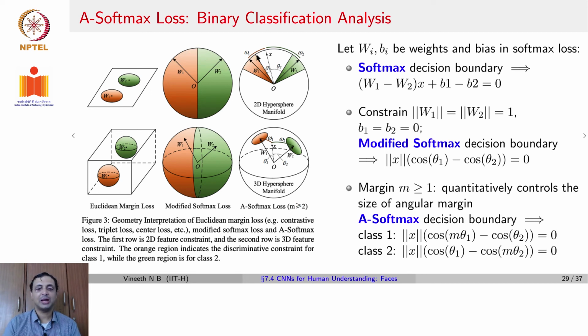And angular softmax tries to ensure that that separation is further maximized by having W1s in a further arc on one side of the ball and W2s on the other side of the ball. The further separation helps better classification in the final step.